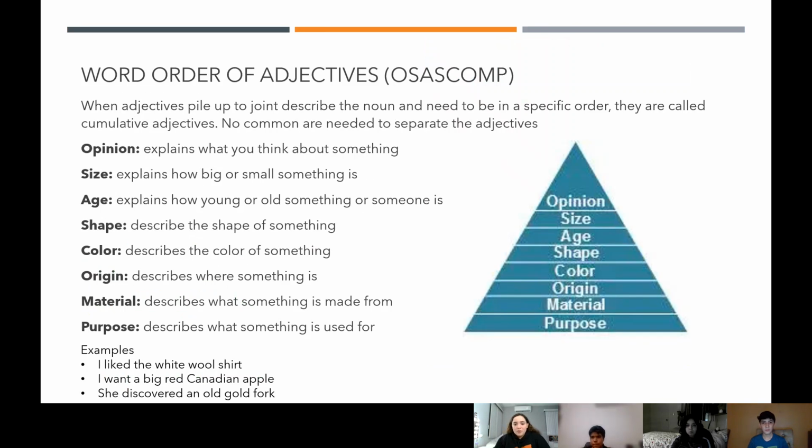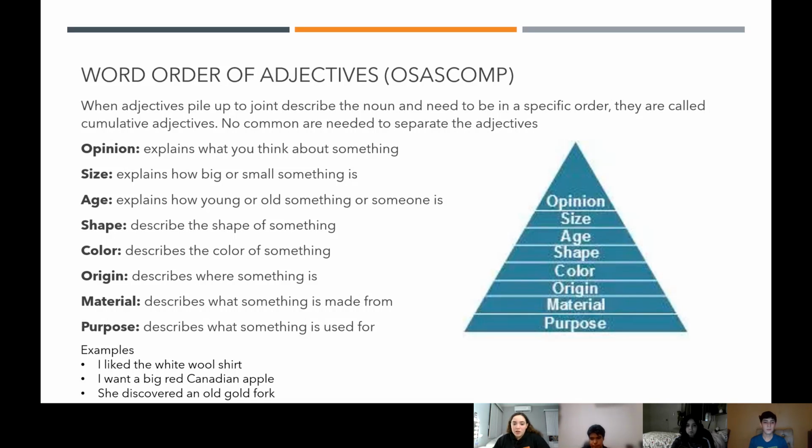Words that are adjectives, you can call it from opinion, size, age, shape, color, origin, material, and purpose. This comes in this order. Opinion explains what you think about something. Size explains how big or small something is. Age explains how young or old something or someone is.